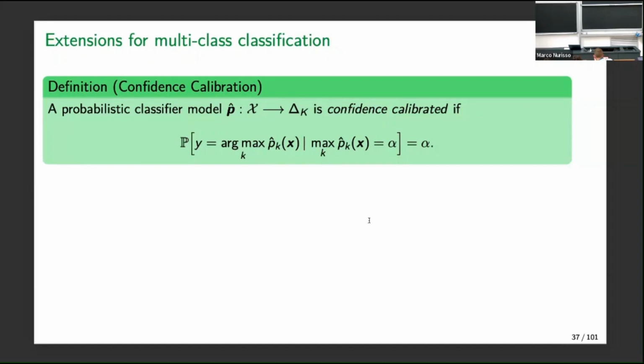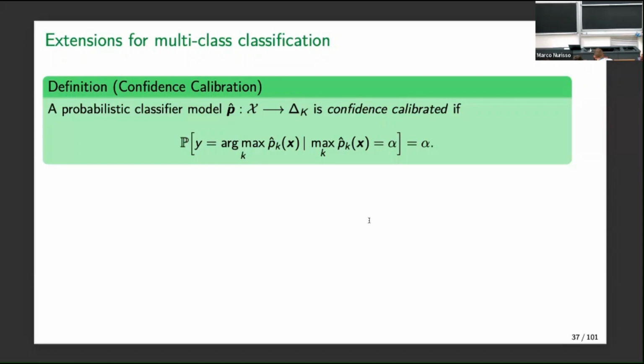So this is now, you have multiple classes, and if I predict, for example, for all the instances of which I predict probability 0.6 for the highest class, doesn't matter which class it is, for the highest class it's 0.6, then I should be correct. I should see that class 60% of the times. So I should have an accuracy there of 60%.